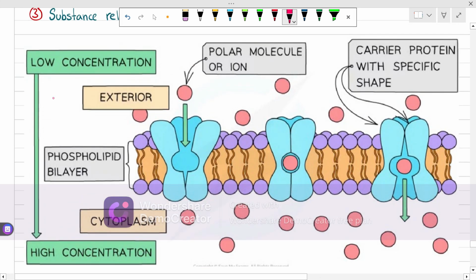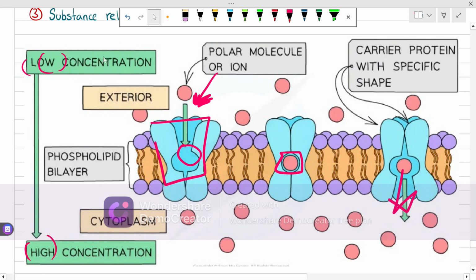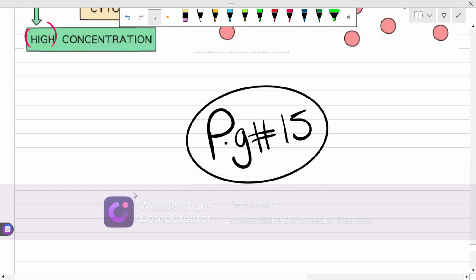This is active transport. This is the carrier molecule. It takes in the substance, changes the shape, and sends it out from a low concentration to a high concentration, moving against the concentration gradient.